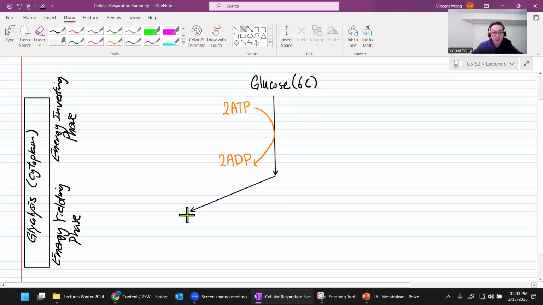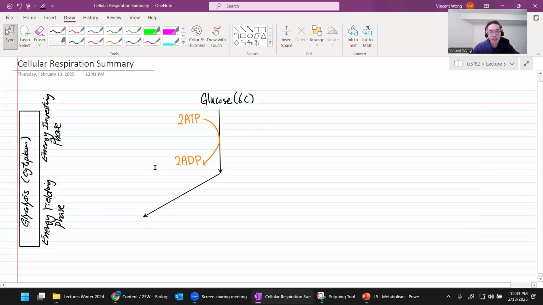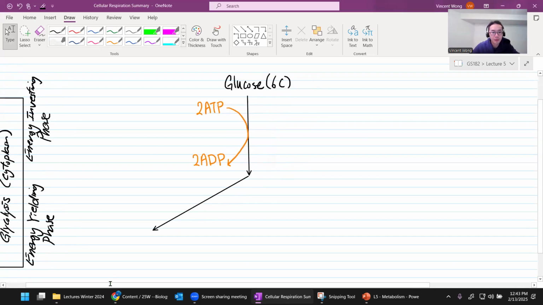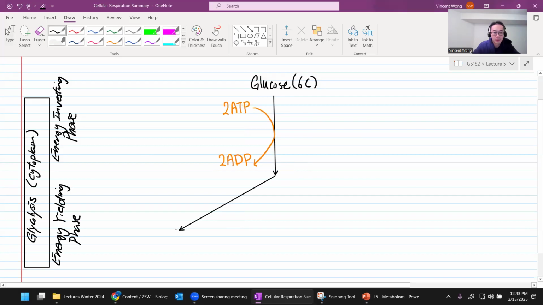So that's going to split the glucose into 2 molecules of pyruvate. So that's pyruvate right here. So only 3 carbons. You're going to have the exact same thing on the other side.